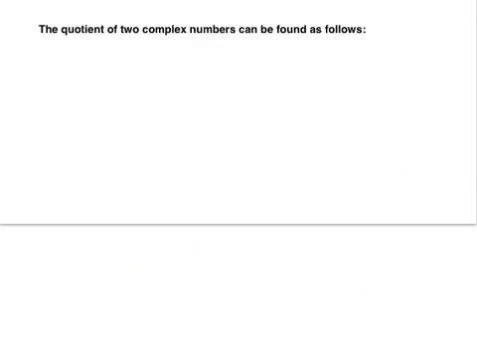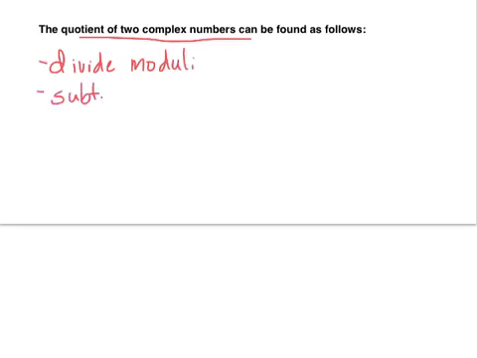So if multiplying complex numbers in polar form consists of multiplying the moduli and adding the arguments, then dividing, finding the quotient of the two complex numbers, means we're going to divide the moduli and we're going to subtract the arguments. So it's a pretty easy formula to remember.